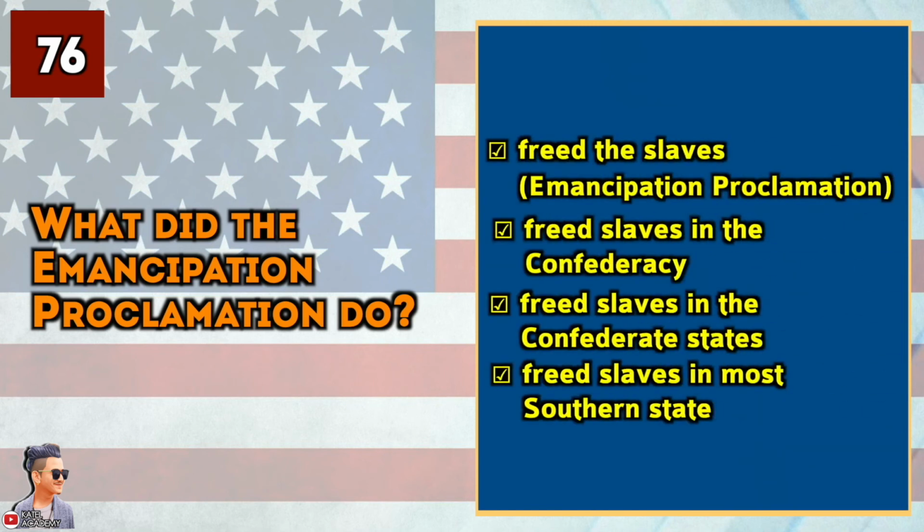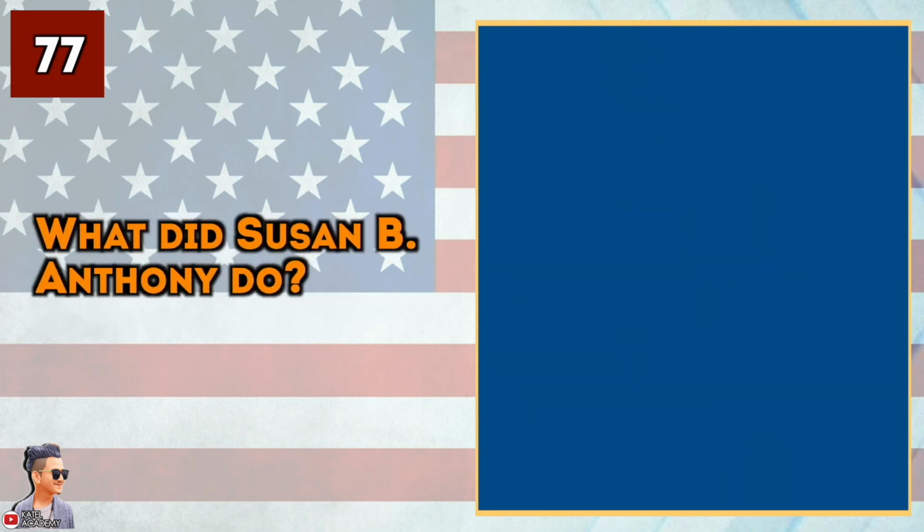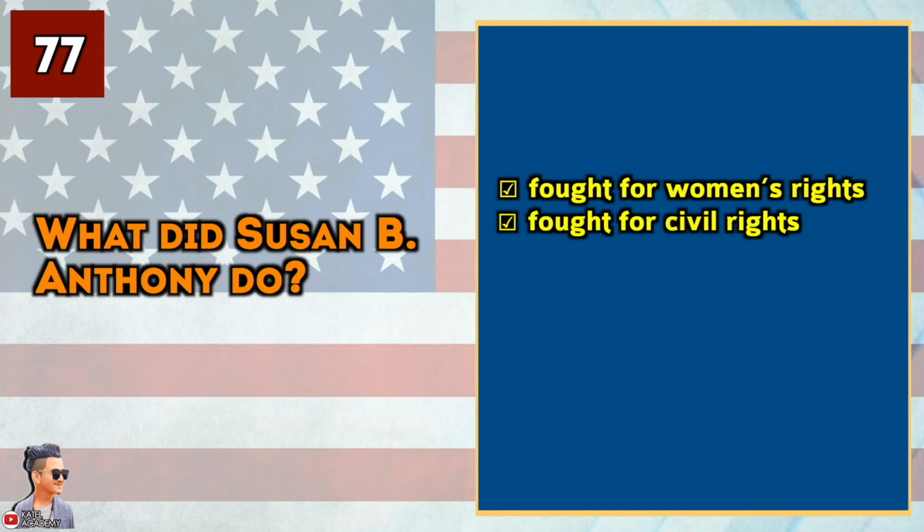Freed the slaves. Freed slaves in the Confederacy. Freed slaves in the Confederate States. Freed slaves in most southern states. What did Susan B. Anthony do? Fought for women's rights. Fought for civil rights.